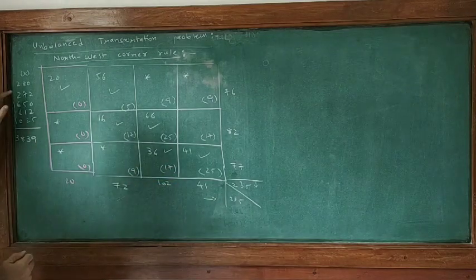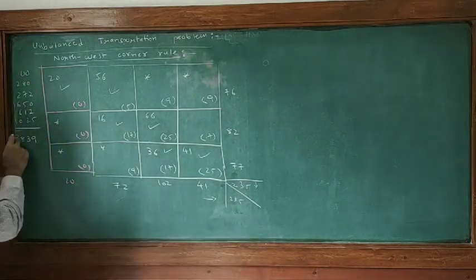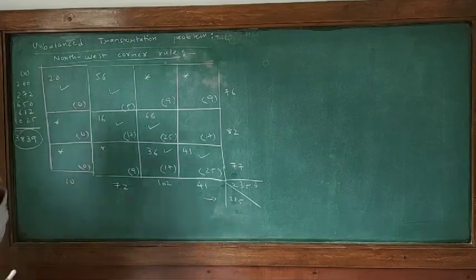So, adding 1, 2, 3, 4, 5, 6 terms, this will be your answer by the northwest corner method.